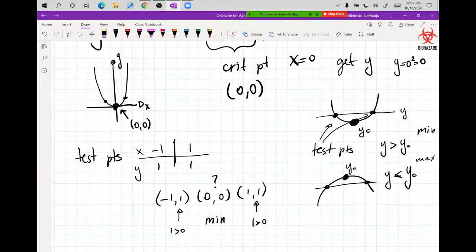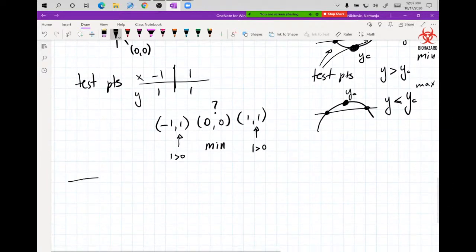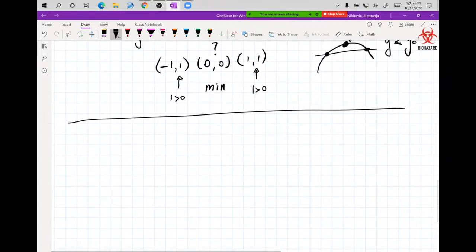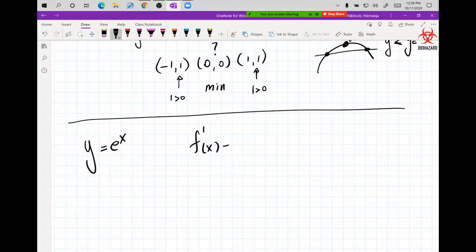So now you know. Remember how I told you that y equals e to the x has no min or max? I know you know the graph. I know you see it on the graph. But again, you can do the calculation. F prime of x is itself e to the x. And when you set that equal to 0, there is no solution.